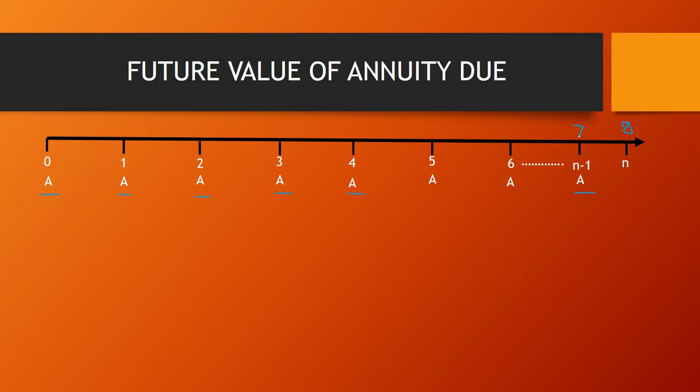If your period is in quarters, 1 will represent end of quarter 1, 2 will represent end of quarter 2, 3 will represent end of quarter 3 and so on. So do remember what this 1, 2, 3, 4, 5, 6 on this number line represents.